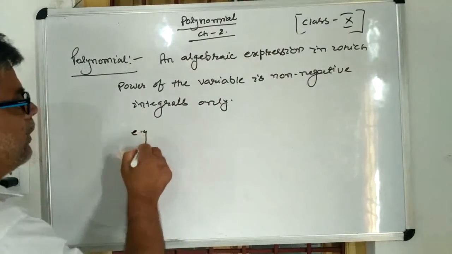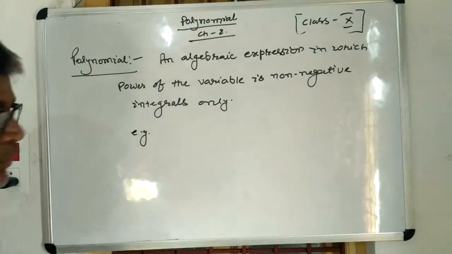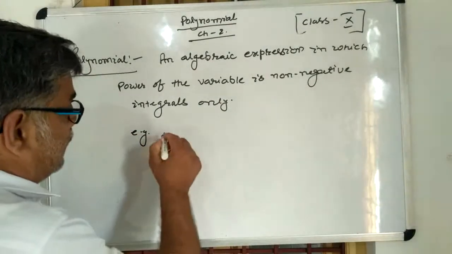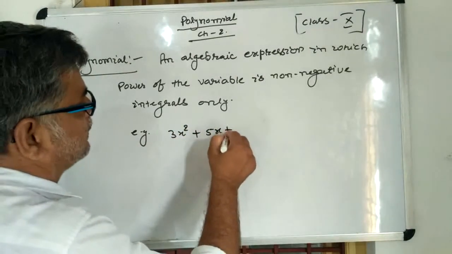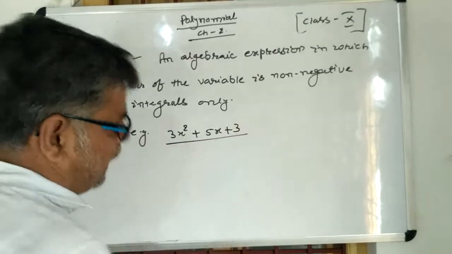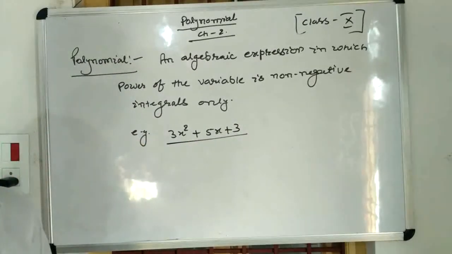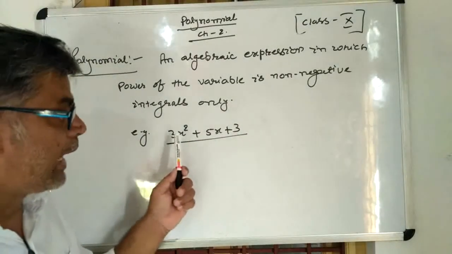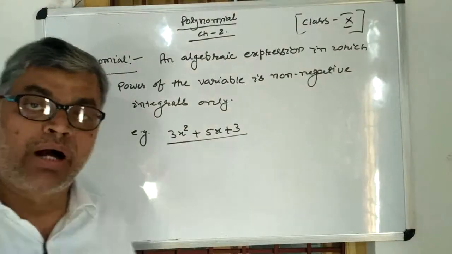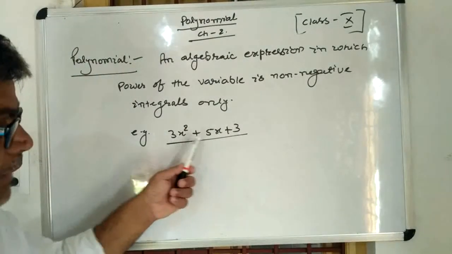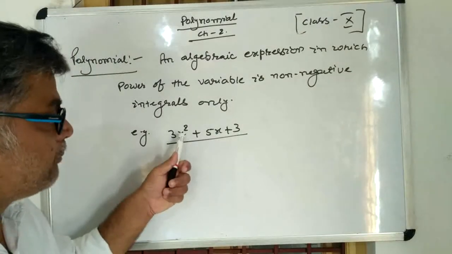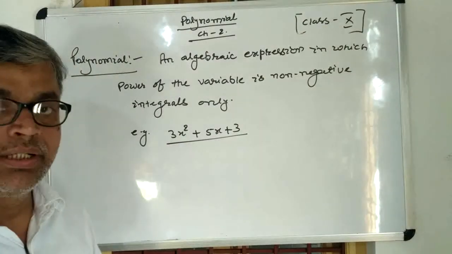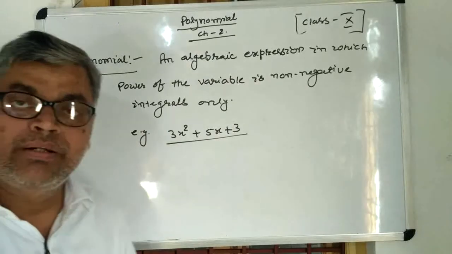For example, you can take 3x square plus 5x plus 3. This is an algebraic expression in which the variable is x, and the power of the variable is a non-negative number.